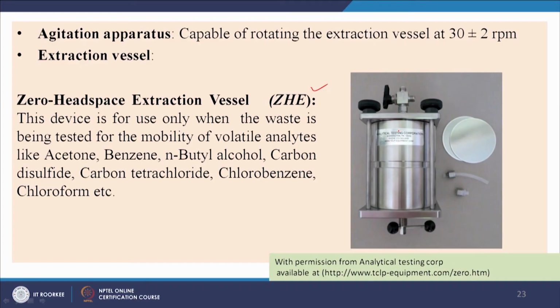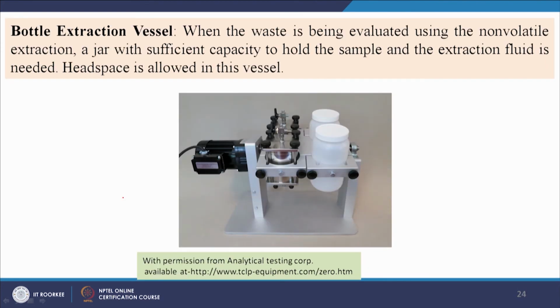In that case, we will be using this type of setup. This device is for use only when the waste is being tested for the mobility of volatile analytes like acetone, benzene, n-butyl alcohol, carbon disulfide, carbon tetrachloride, chlorobenzene, chloroform, etc.